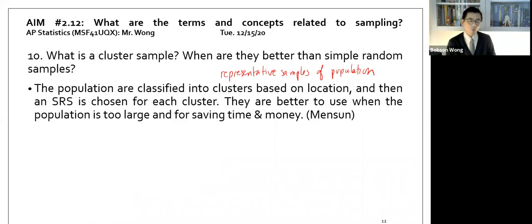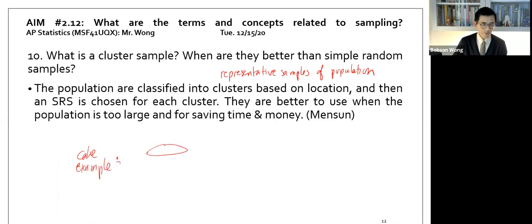Now, what would a cluster sample be? Well, if we have a layer cake, a cluster sample has to be a sample in which whatever we take represents the entire population. So what would that be here? That would be a slice.